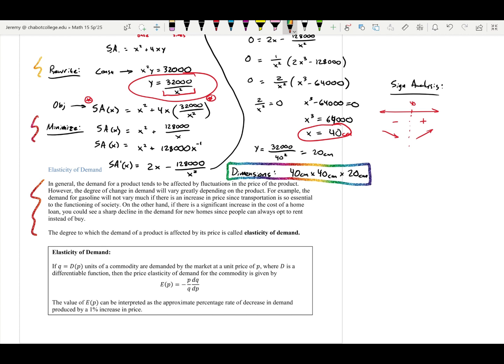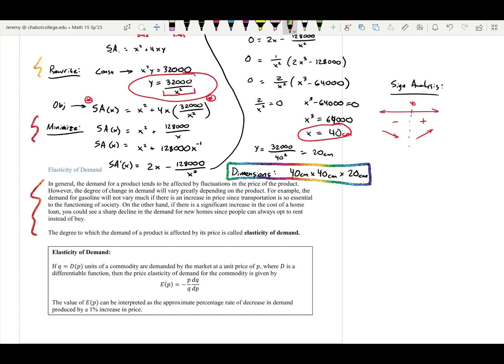On the other hand, if there are significant increases in the cost of a home loan, right? Like if interest rates go up, like we have experienced recently, you could see a sharp decline in the demand for new homes or for new loans, since you can always just opt to rent instead of buy. Okay, so it makes sense.